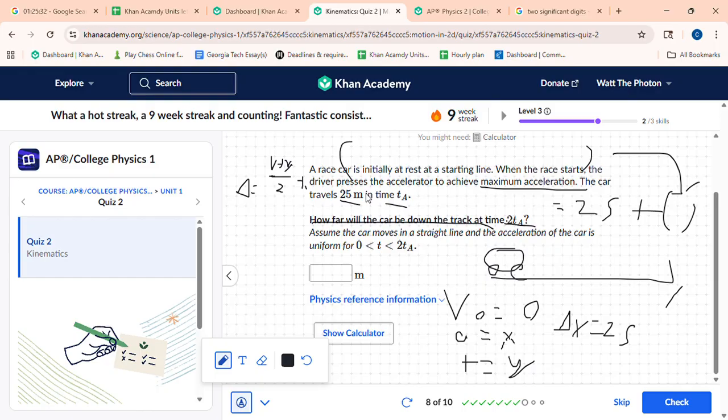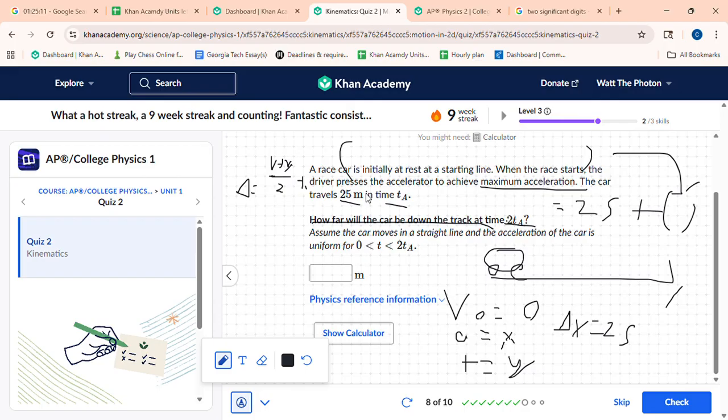What happens at time equals 20? Delta x is equal to 25. V naught is equal to 0. We find that t is equal to 20. What is the change in x?